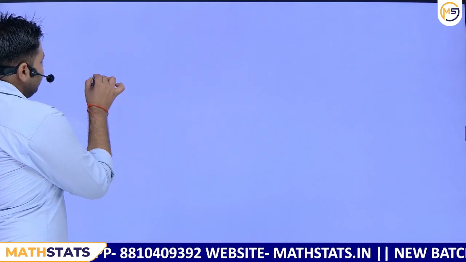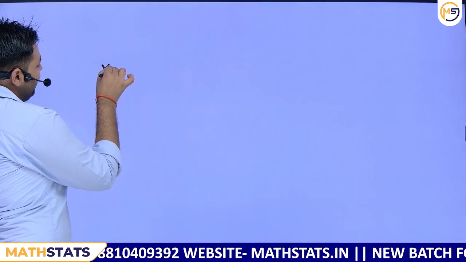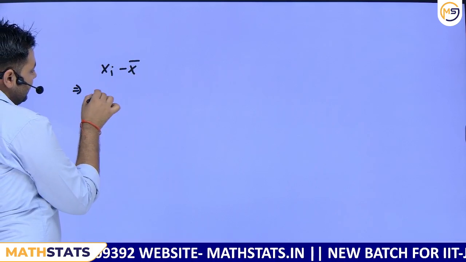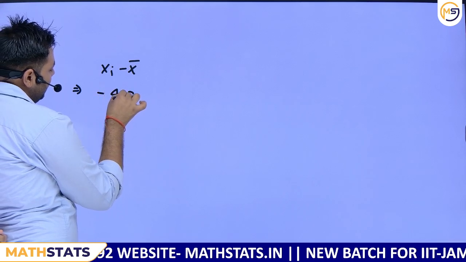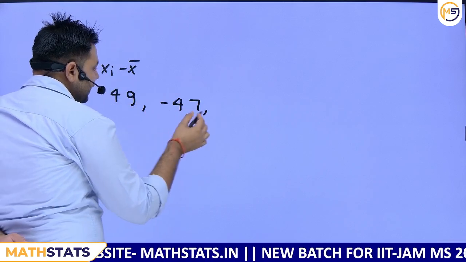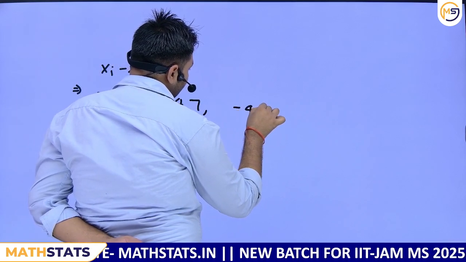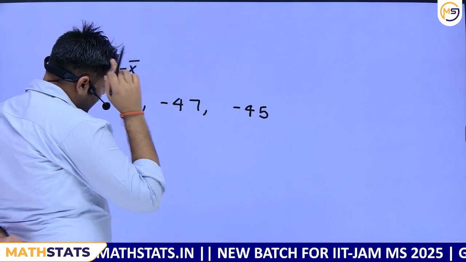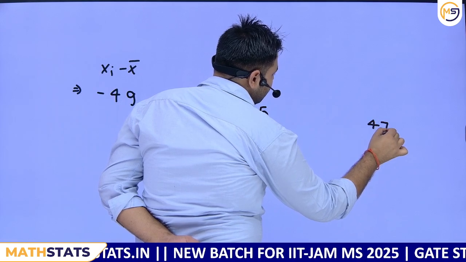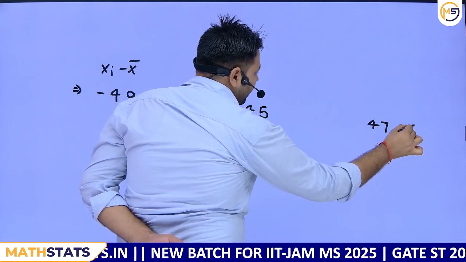Now the deviation, the value of xi minus x bar, is what? First minus 49, then minus 47, then minus 45, and similarly here you find one value is 47, 49.